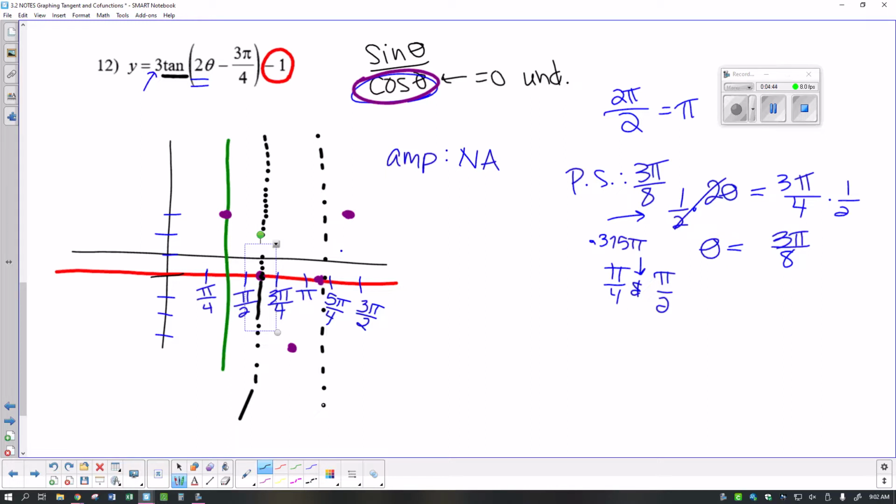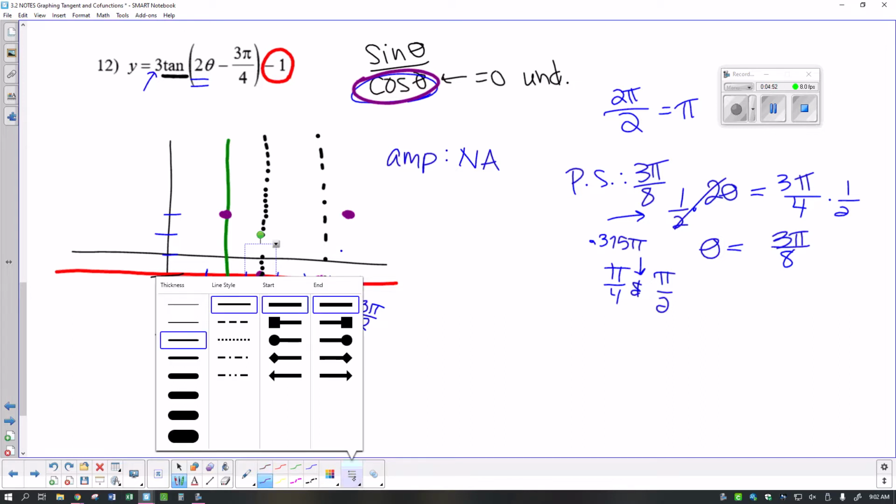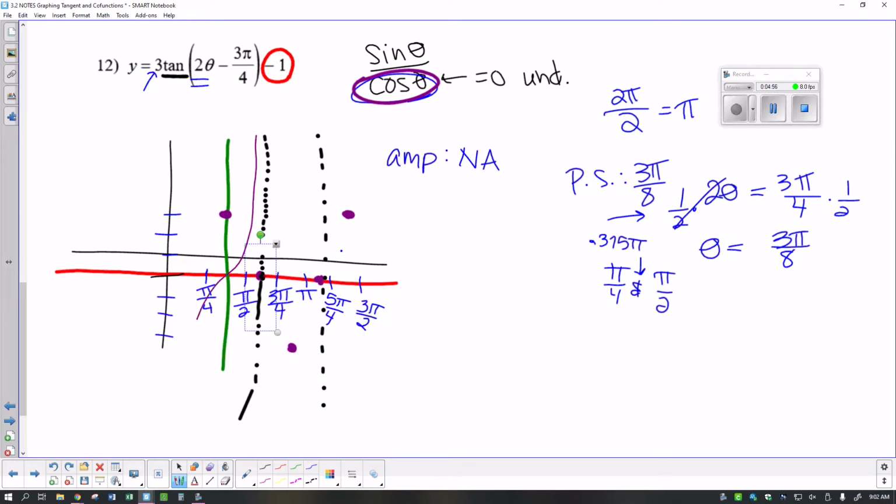Then after we've got that, we want to fill in with our tangent function. So remember what our tangent function looks like. It's a positive tangent function, so it's going to approach this asymptote. And it's going to approach this asymptote. And then we have a value in here as well that's approaching this asymptote.